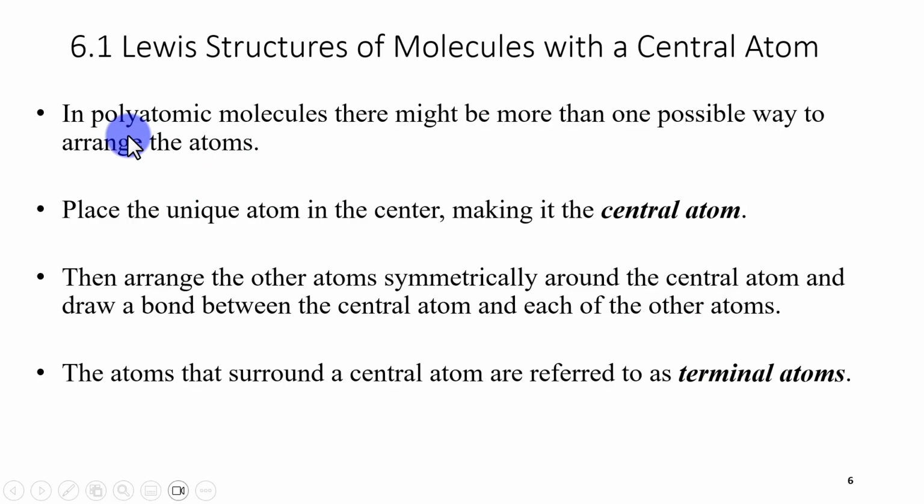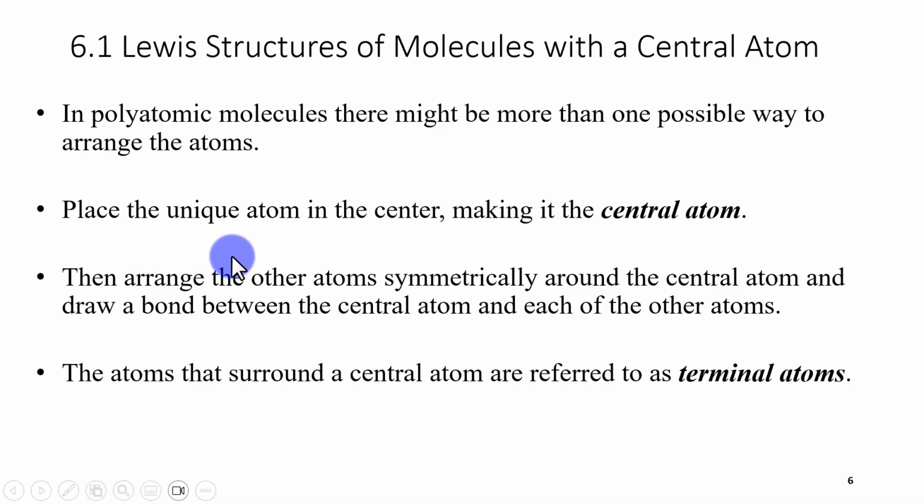Now, I can have molecules that have more than one atom in the center, or I can have polyatomic molecules, right? In polyatomic molecules, there might be more than one possible way to arrange the atoms, and I have to find the best way to arrange them.